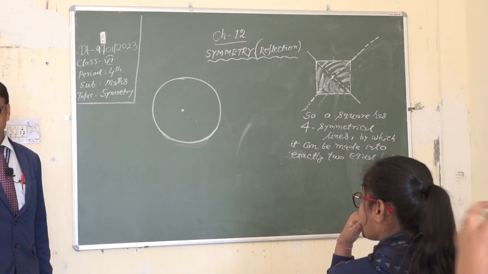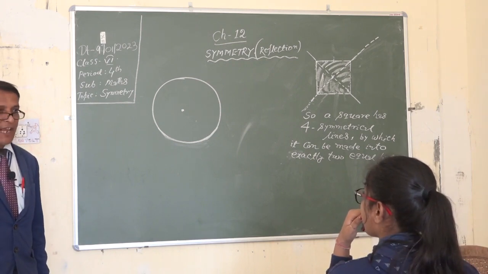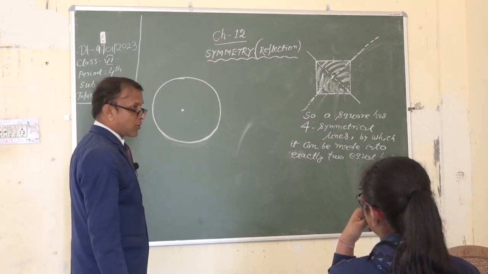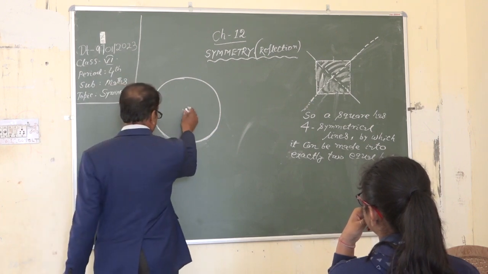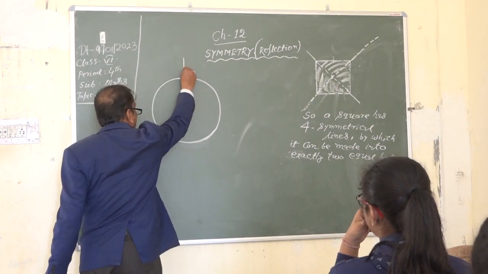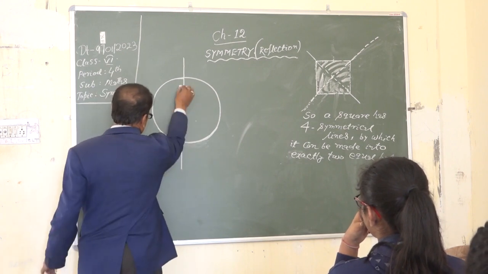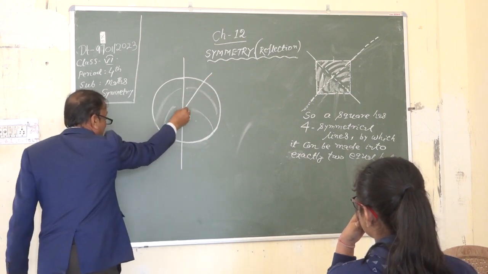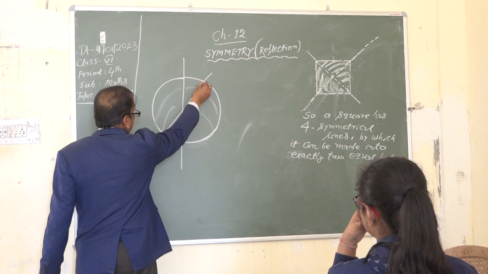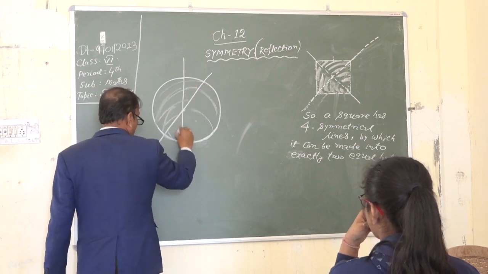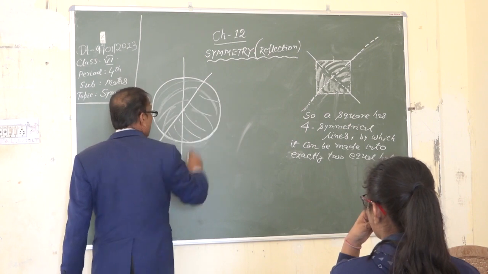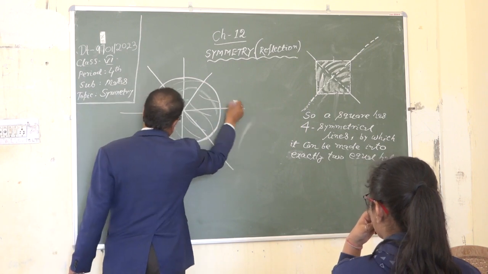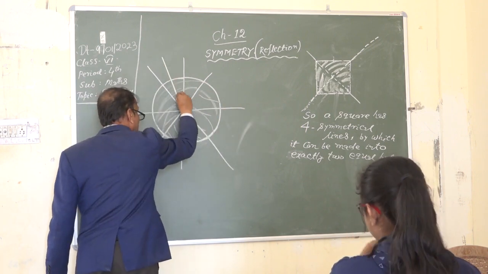Infinite number of symmetrical lines will be possible for a circle which will pass through the center. सेंटर का अंदर कोई भी एक लाइन पास करके लेके जाओगे तो ये आधा आधा हो जाएगा. ऐसे like this so many symmetrical lines can be possible for a circle.